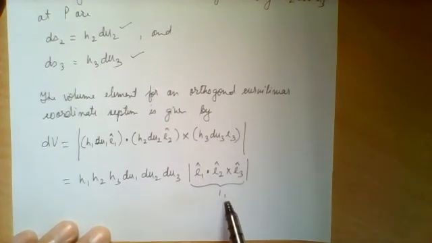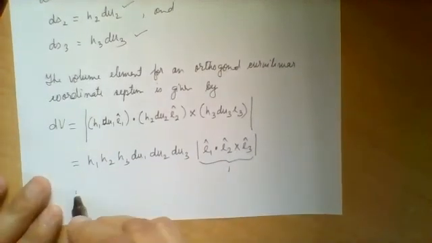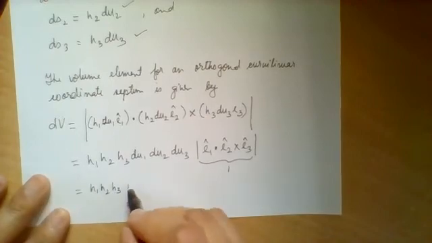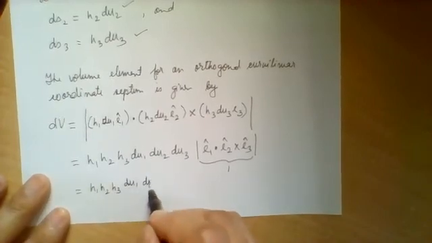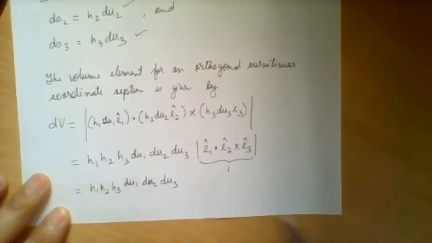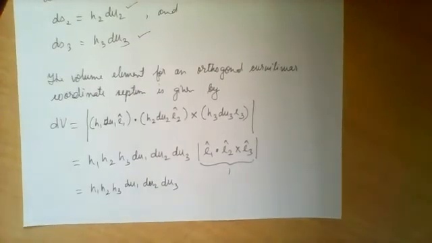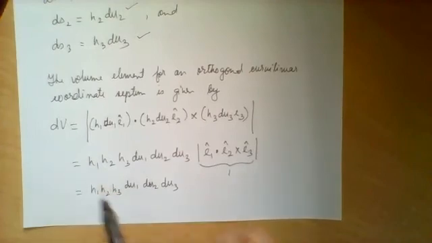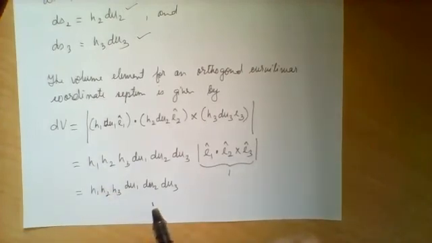So what is dv equal to? dv equal to h1 h2 h3 du1 du2 du3. So this is called the volume element in curvilinear coordinates.